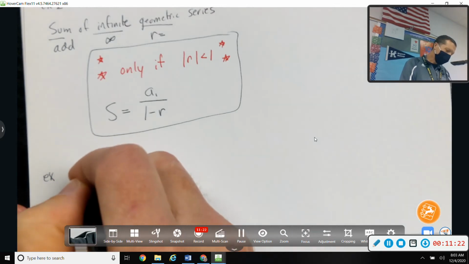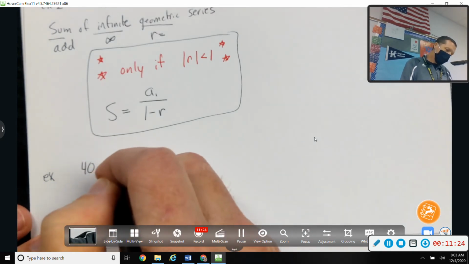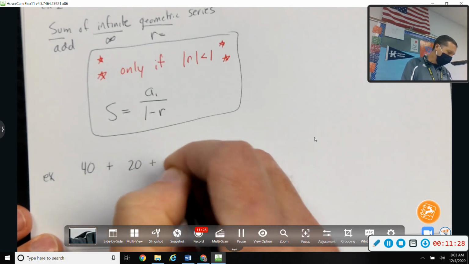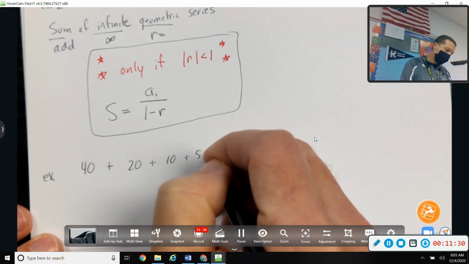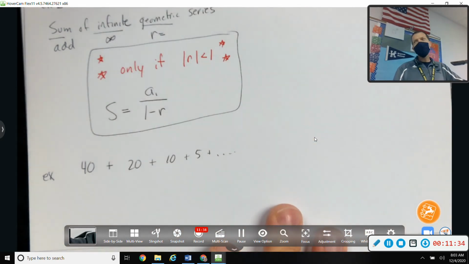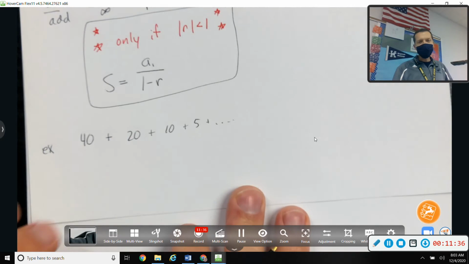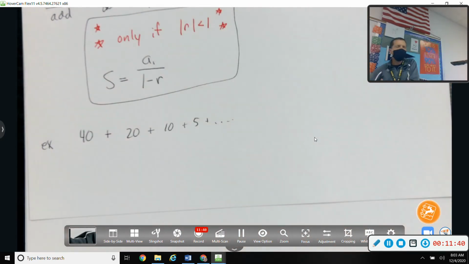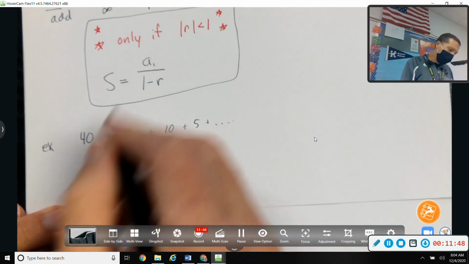Let's do an example. 40 plus 20 plus 10 plus 5 forever. We're always adding a positive number. We're going to add them all up. It's hard to say all because they don't end. All isn't like a closed set. All keeps going forever. So all I need is A1.